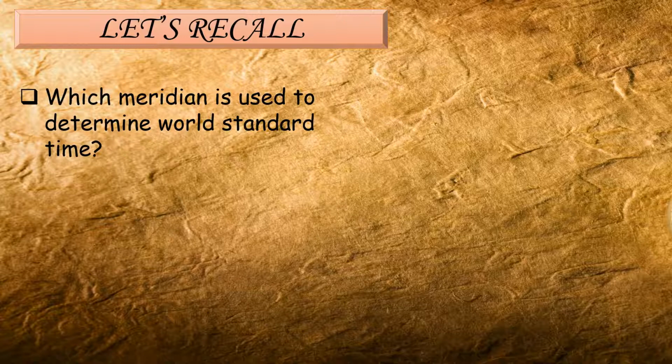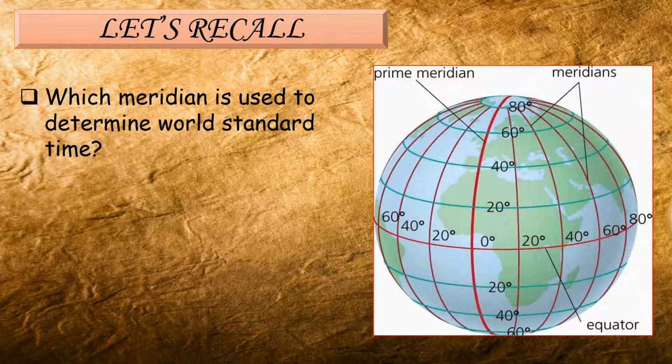Now let us try to understand the answer with the help of the globe image. Students, all of you know about the meridian; in the previous slide we had discussed it. The meridian which is at 0 degree, as you can see in this image, the 0 degree meridian is used to determine world standard time.